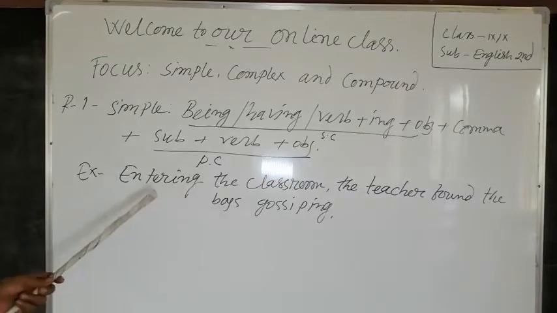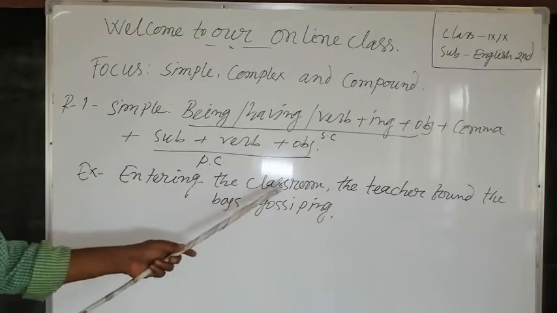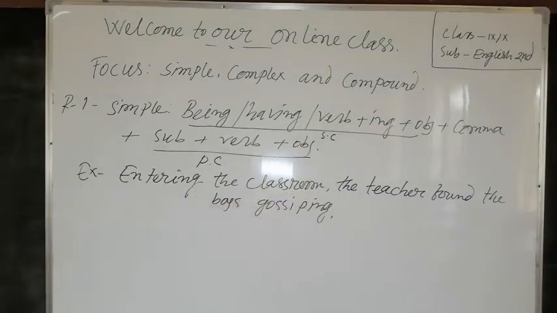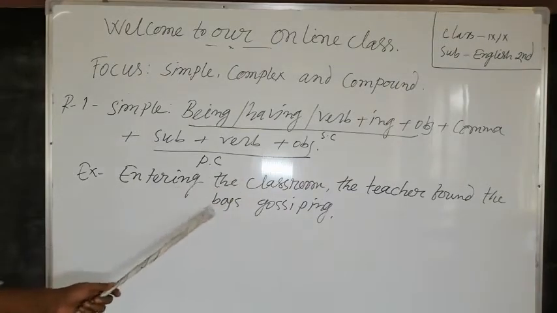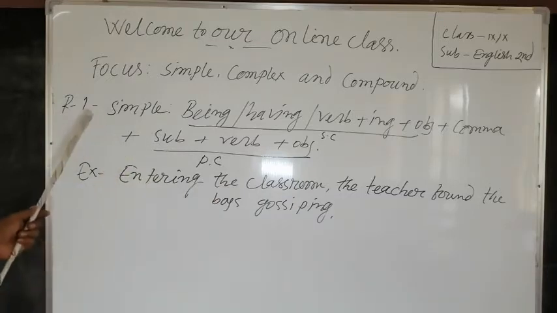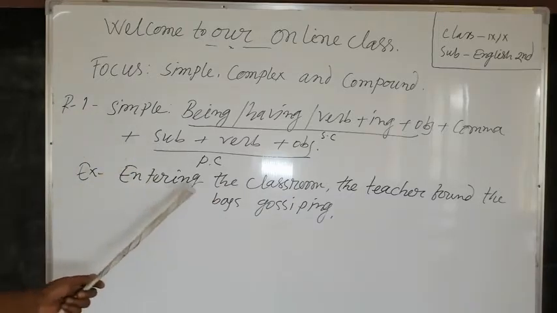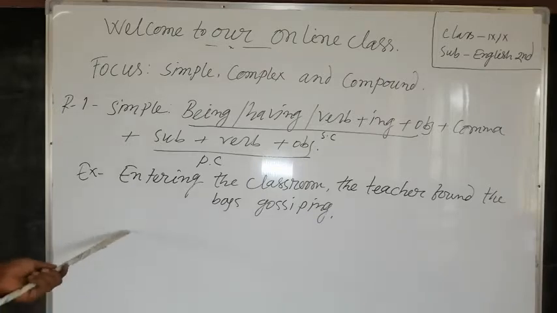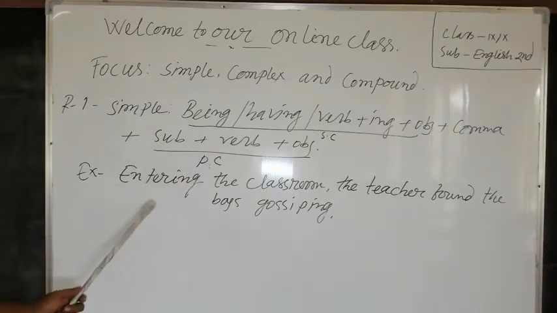Suppose, dear students, "Entering the classroom, the teacher found the boys gossiping." There are two clauses here, and this is a simple sentence because it begins with verb plus ing.